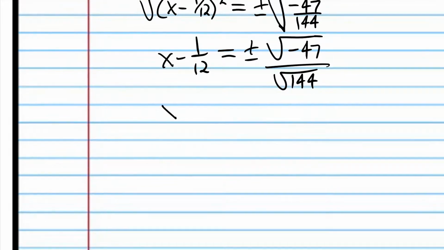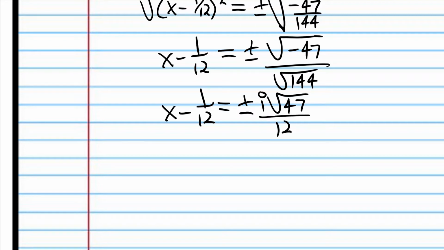And remember, that negative is just going to come out as an i. And again, you can use your calculator for root 144, but that's just going to be 12.